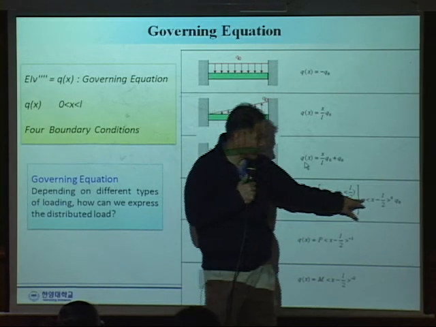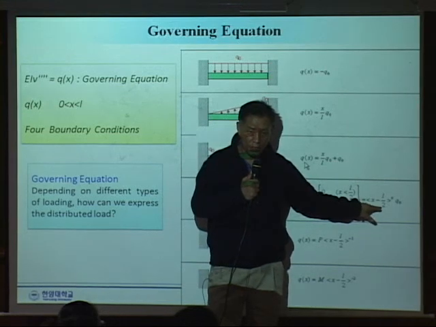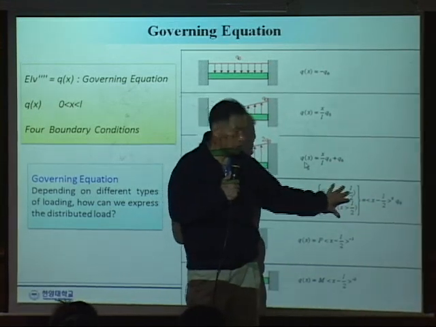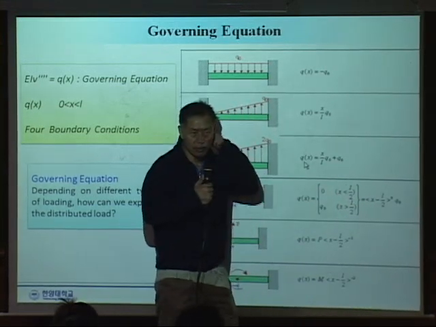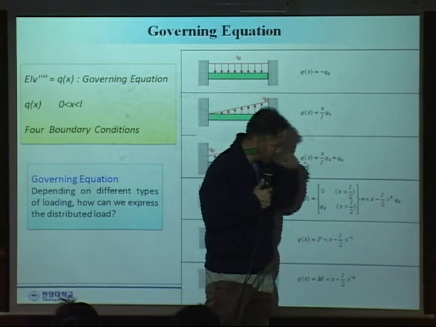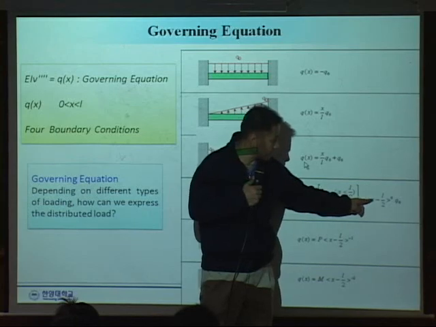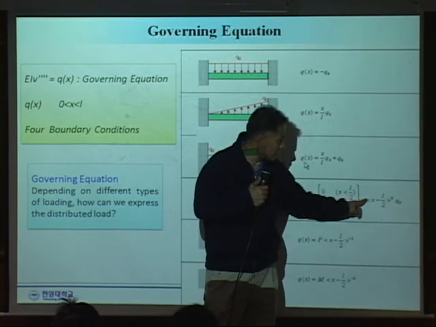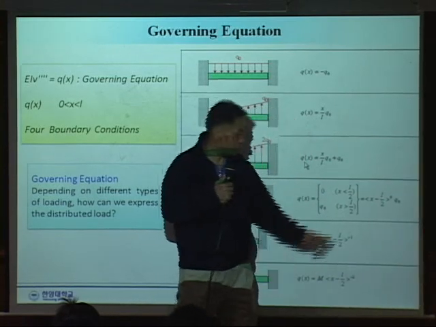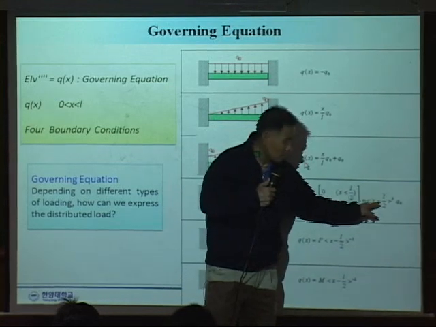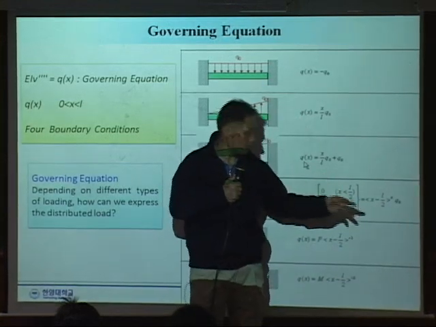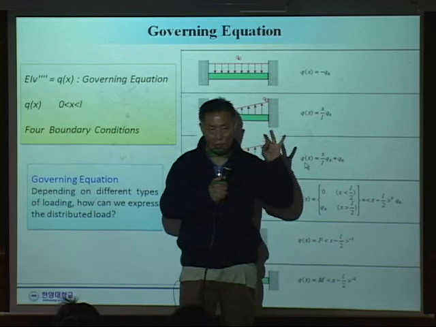And there is a special symbol which indicates this discontinuous function. It's called the singularity function, x minus L over 2, where for the singularity function, if the quantity inside is negative, then we just treat it as 0.